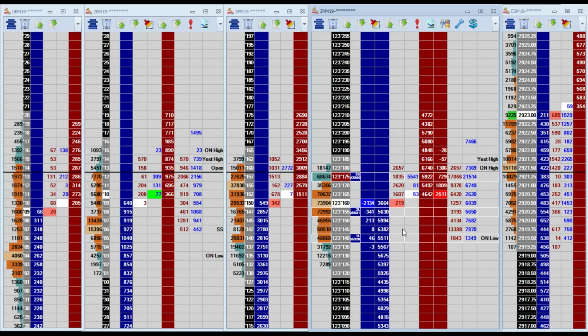ES is pushing higher. That's good. We're keeping pressure on these guys over here. The only wrinkle I see is that ES is pushing up to the VWAP, which is typically where the ES traders like to push it back down.